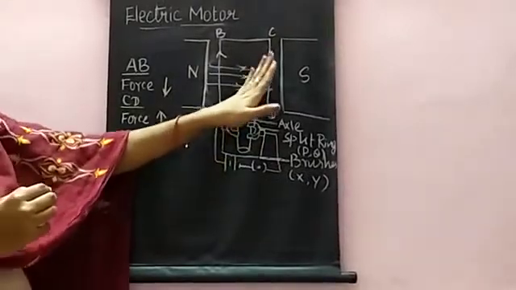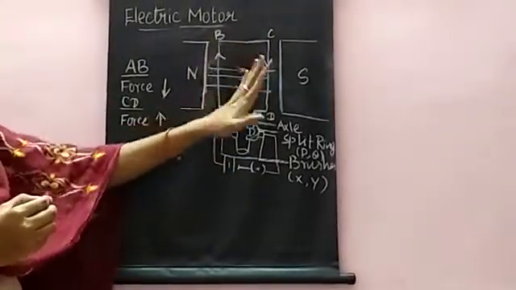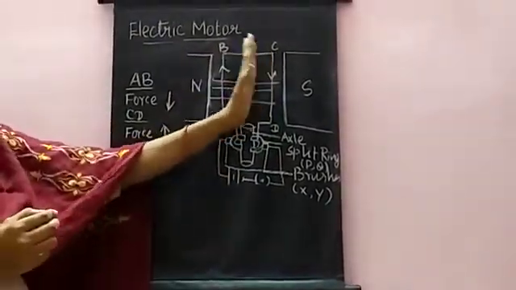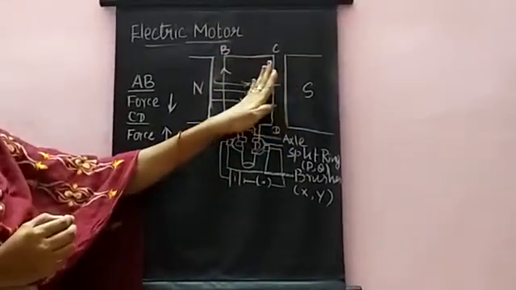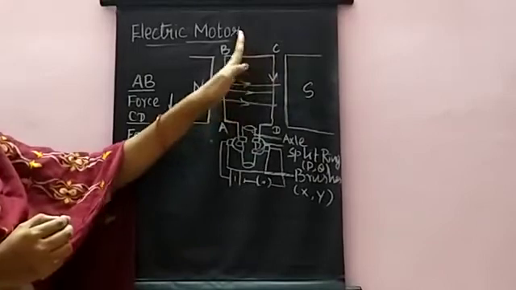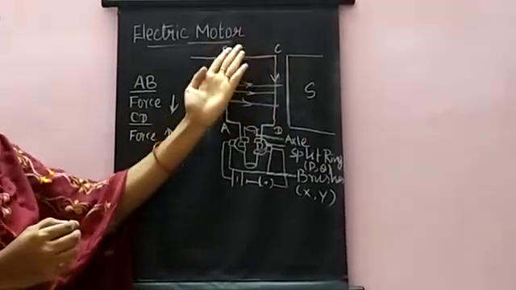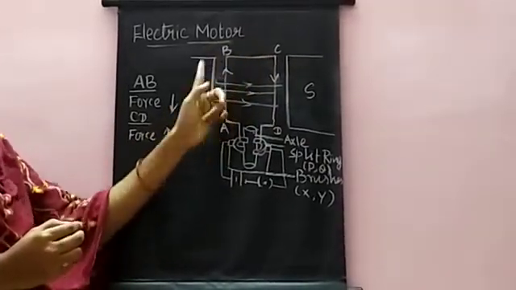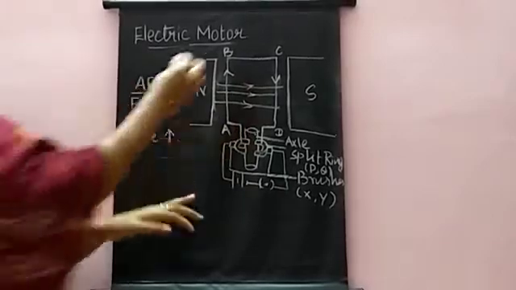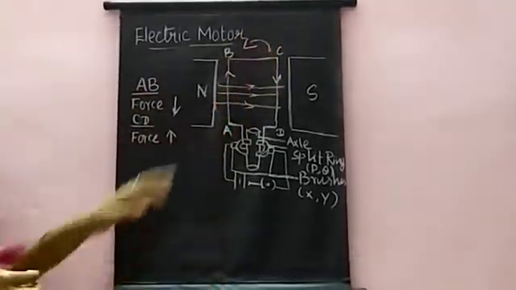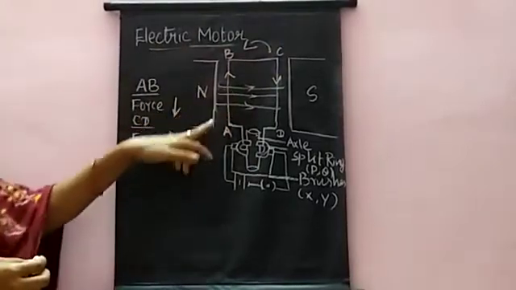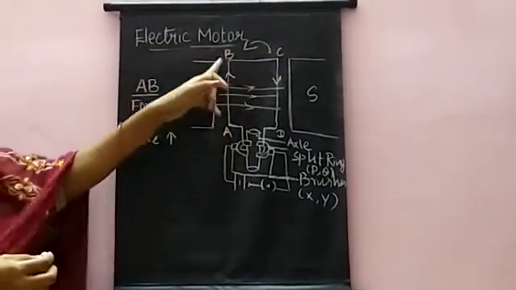Due to the magnetic force, the arm CD comes to this side and AB comes to this side. After this, the coil rotates in the anti-clockwise direction due to the magnetic force acting on ABCD.